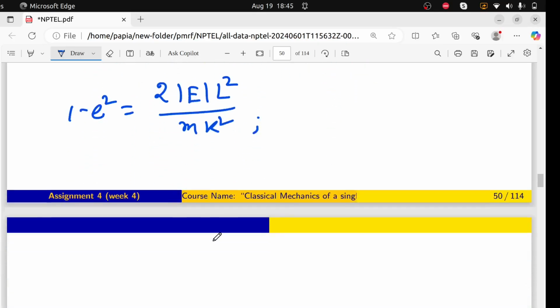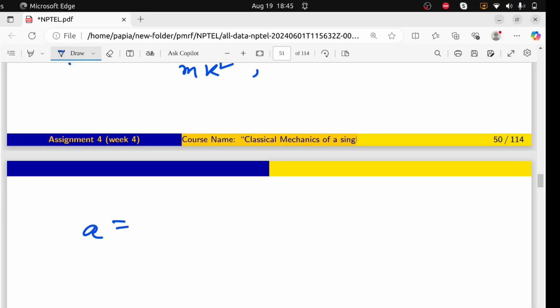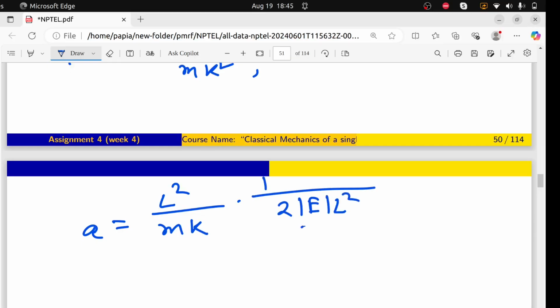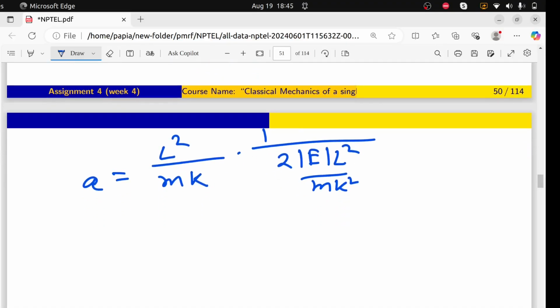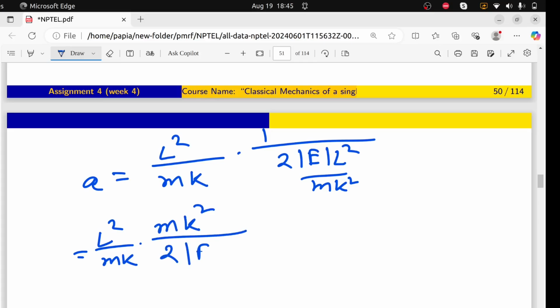Now a will be what? A is l square by mk into 1 by 2 mod E l square by m k square. So l square will cancel out, m will cancel out, and k by 2 mod E remains.